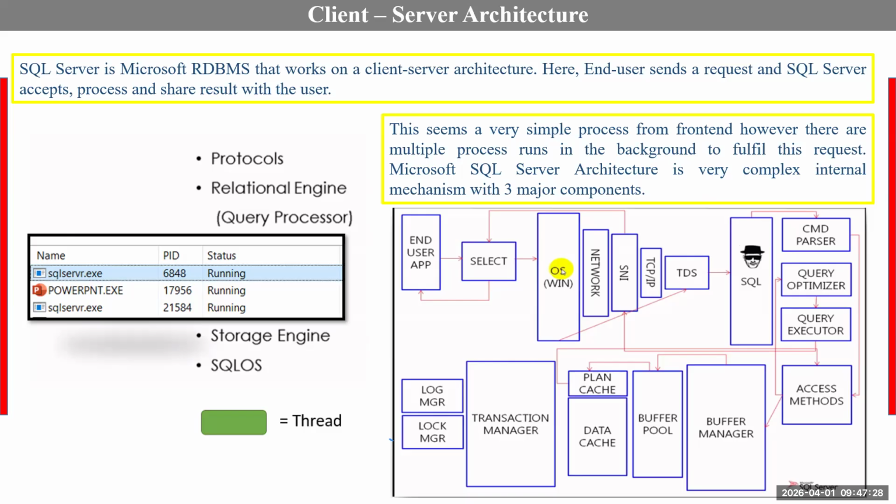Under the relational engine, we have 3 different components: command parser, query optimizer, query executor. The command parser first does the syntax checks. Next, it does the semantic checks, validating whether the table exists or not, whether columns exist or not, whether the data type is mismatching or not. Once everything is done, it binds the request and prepares the query tree, nothing but converting high level to low level.